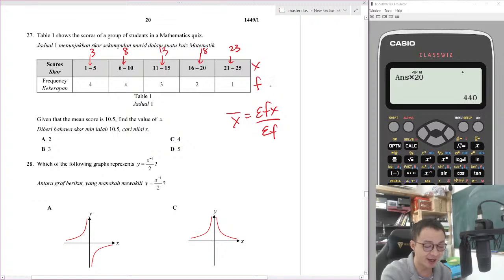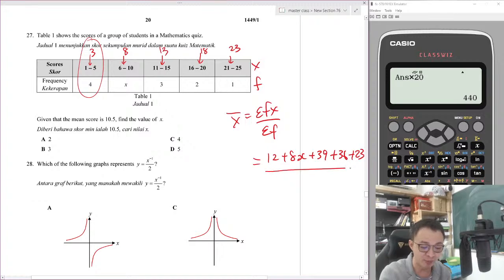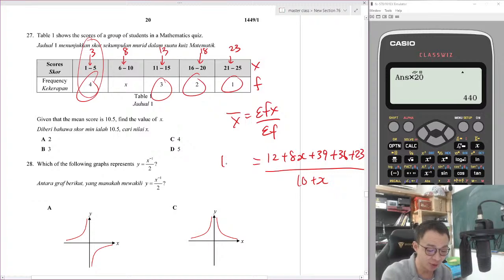This is x, this is f. So sum basically means you multiply them, then add together. So 12 plus 8x plus 39 plus 36 plus 23. I straight away multiply them. So the bottom you add, you basically get about 10, 10 plus x equals to 10.5. Then you will just solve this one.